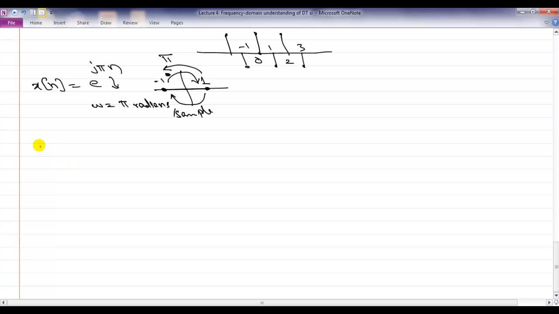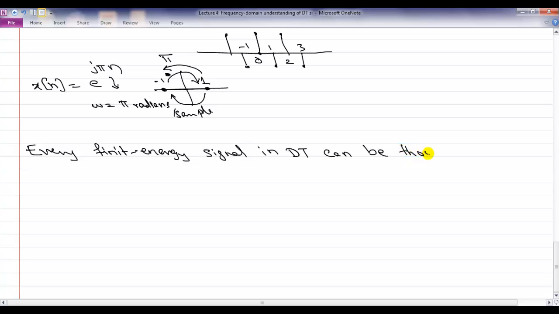So what we want to argue is that every finite energy signal in discrete time can be thought of as consisting of an infinite number of sinusoids.